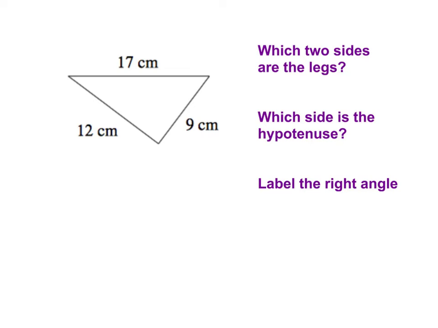If we label the right angle as being this angle here, with the longest side across from it, we know that the hypotenuse is the longest side, which is the 17 centimeters, which means 12 centimeters and 9 centimeters are the legs.